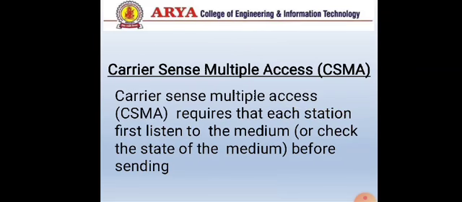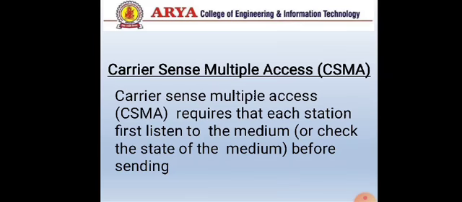Now we move on to carrier sense multiple access protocol, because slotted Aloha and pure Aloha both have some disadvantages. In carrier sense multiple access, each station first listens to the medium, or checks the state of the medium, before sending.